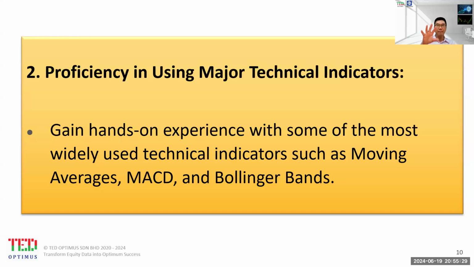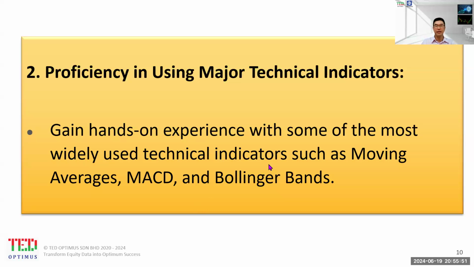If you can master the application of these alone, I would say you are 50% there already. Then you just pick another 2 or 3 indicators that suit your trading style. That is good enough.